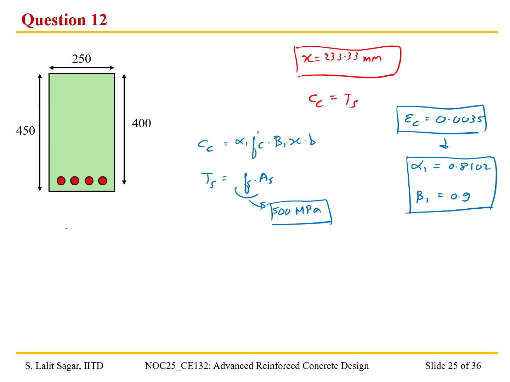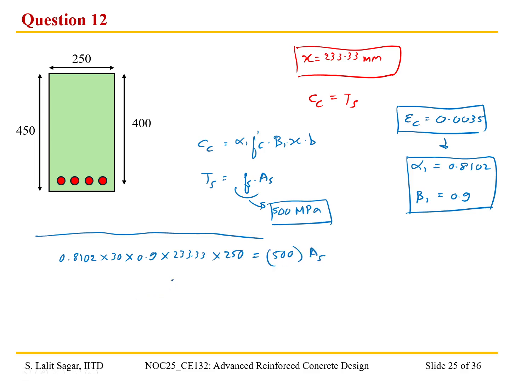Let us proceed to do that calculation here. 0.8102 into f prime c is 30 into beta 1 is 0.9 into x is 233.33 into b is 250 is equal to Fs 500 into As.